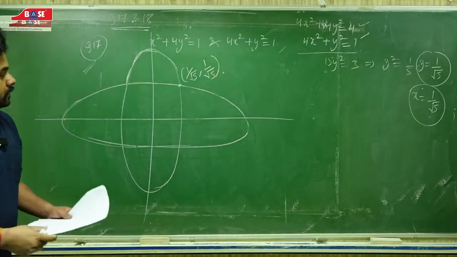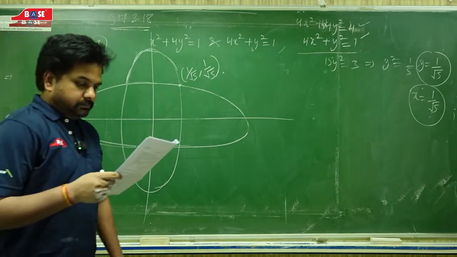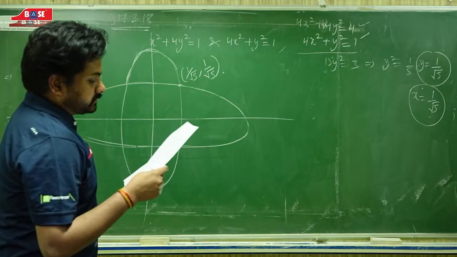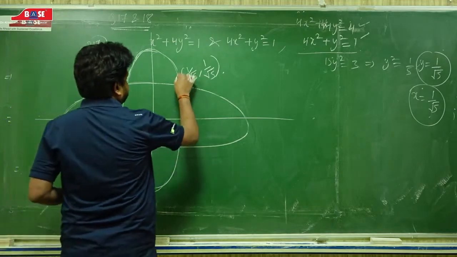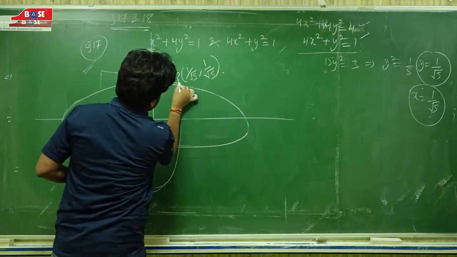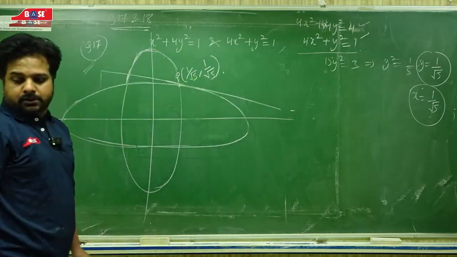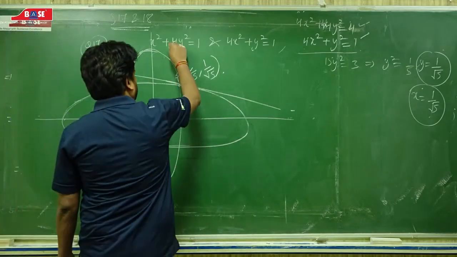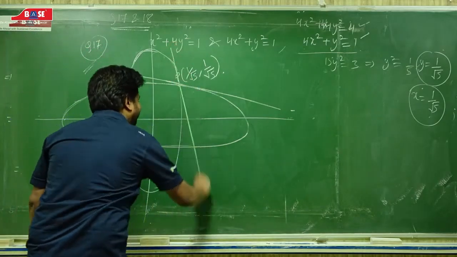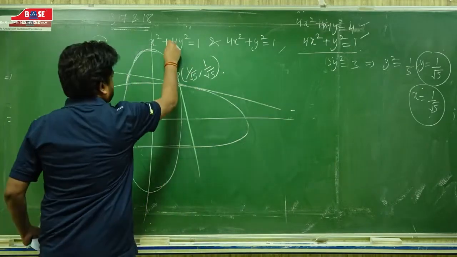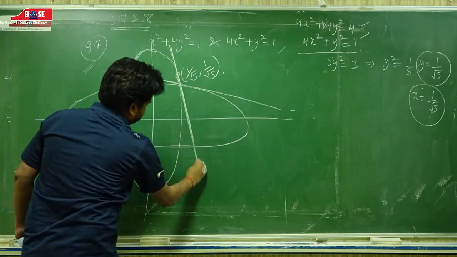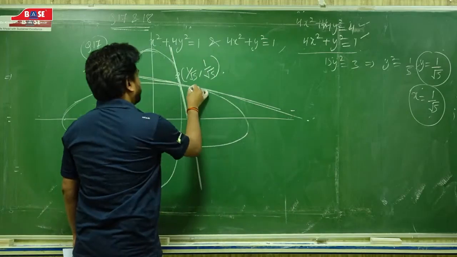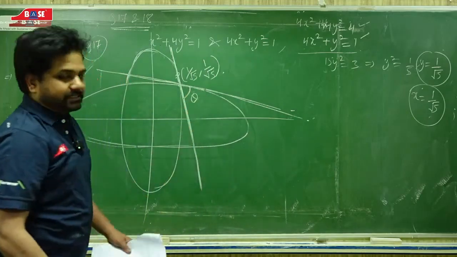And what they are asking for: if theta is the acute angle between the tangents to the given ellipses at P. So this point is P, and if we draw two lines, one will be like this. So we need to find the acute angle, let's say theta.